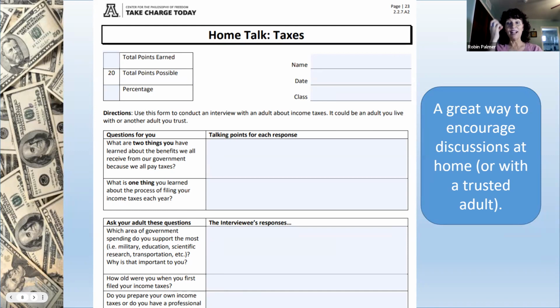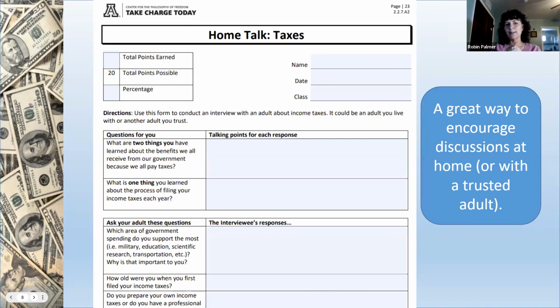And it's called a home talk because they're supposed to take it home and go have a talk with an adult. We want them to talk to a trusted adult, but some of my students didn't have somebody at home that they felt like understood our subjects. So they would pick a coach or another teacher, and sometimes they would just talk to me. Some of the home talks have questions that we've already put on the form that the students can just take an answer and record the responses.